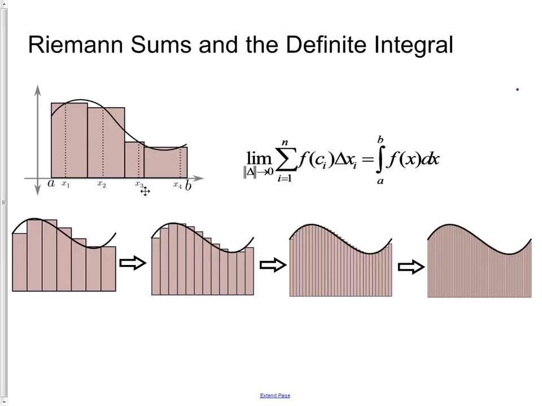We said that for every c sub i inside of our interval, right here, we might call this one c sub i, within every interval we have f of c sub i, whatever the delta x is for each of those c sub i's, and we take that sum.